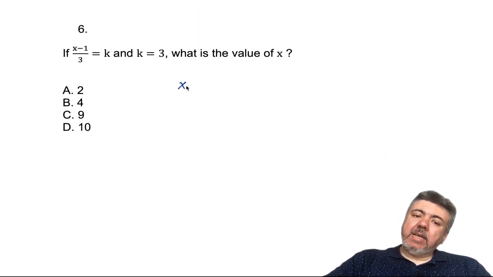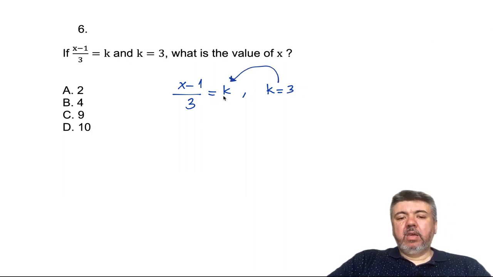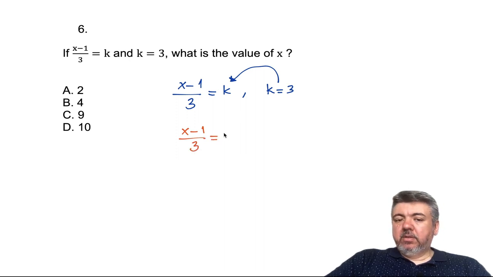Okay, they give me x minus 1 over 3 is k, and then they give me the value of k. So let's substitute 3 into this equation first. What we get, x minus 1 over 3 is 3 again.